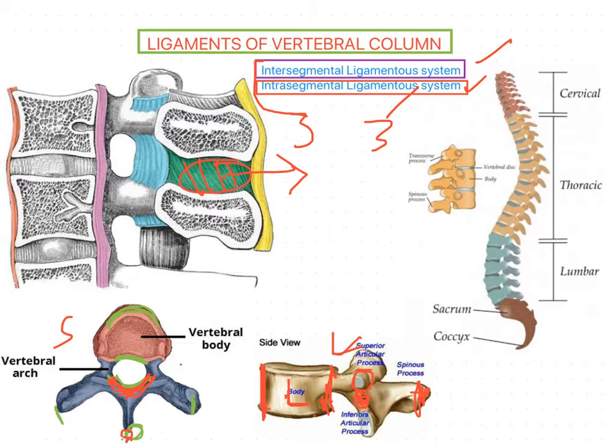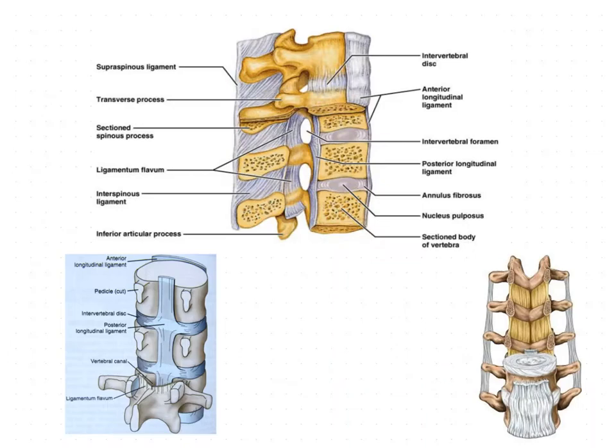That one is the spinous processes. So if you appreciate all these parts, now it is very easy to understand the attachments of the ligaments. Okay, so yes, we'll move on to the ligaments now.